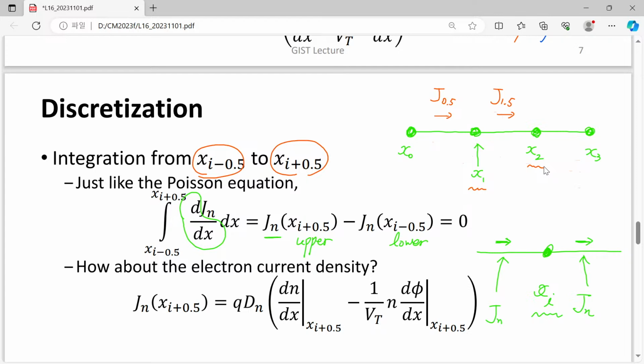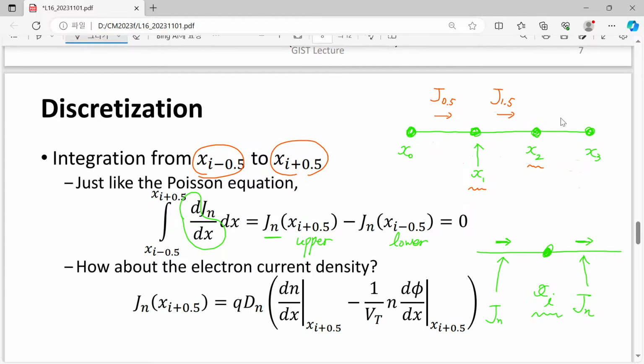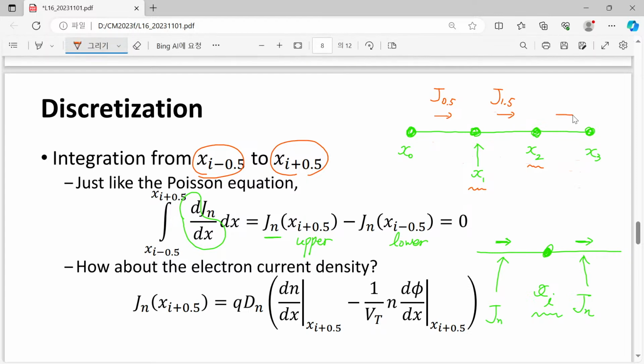The quantity evaluated at x sub 1.5 is equal to what? Equal to j sub 2.5. So as an application of these two, we can say that j evaluated at 0.5 is equal to 1.5 and equal to 2.5.